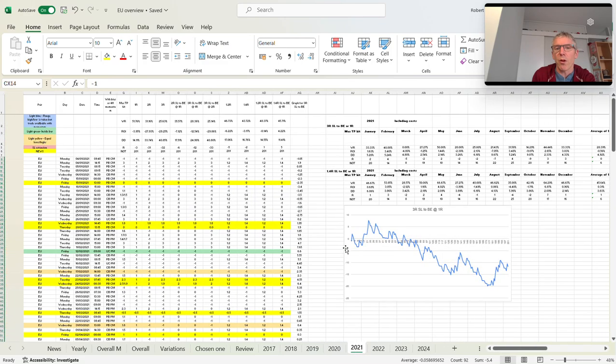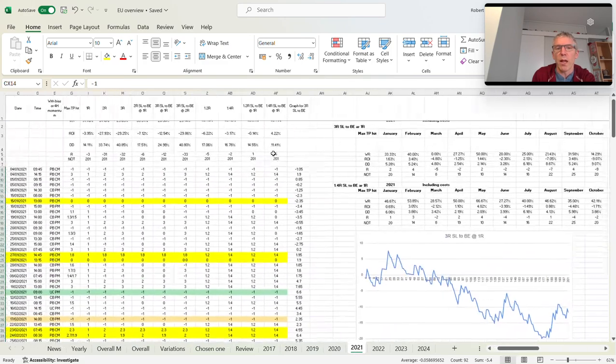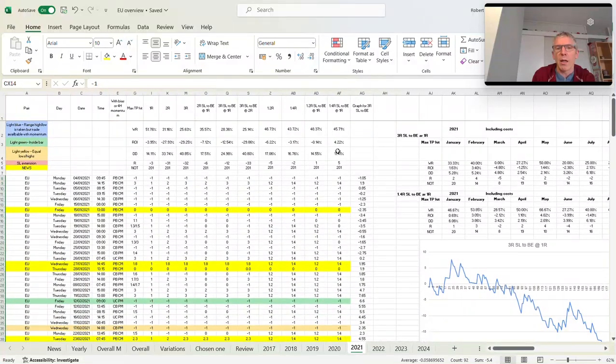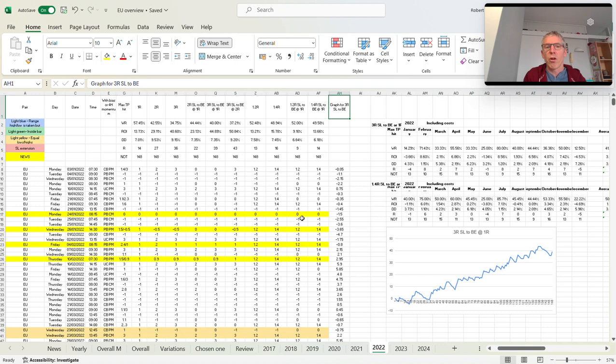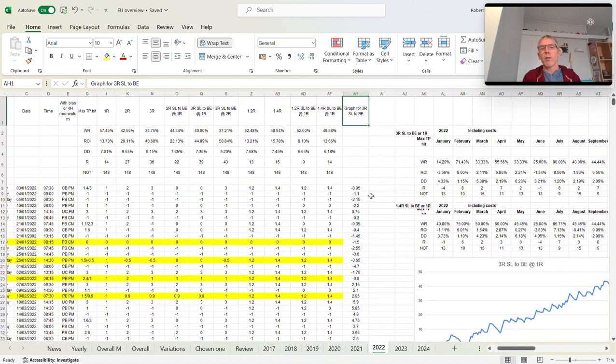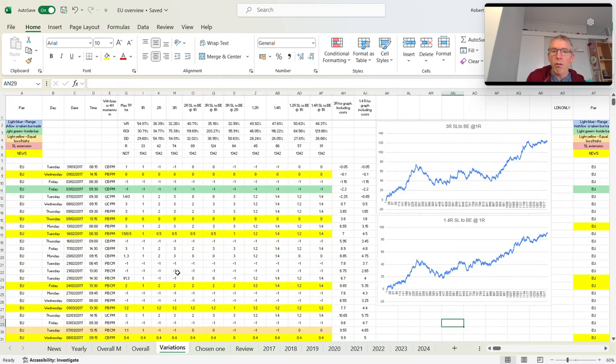Following year it's pretty poor again, but you'd come out making profit still. Just about. You make a 4% profit there. 2022, again about 13%. But then for the variations, I add every year into here, which gives me a total of 1,322 trades over the 7.5 years, because it's only got half of 2024.